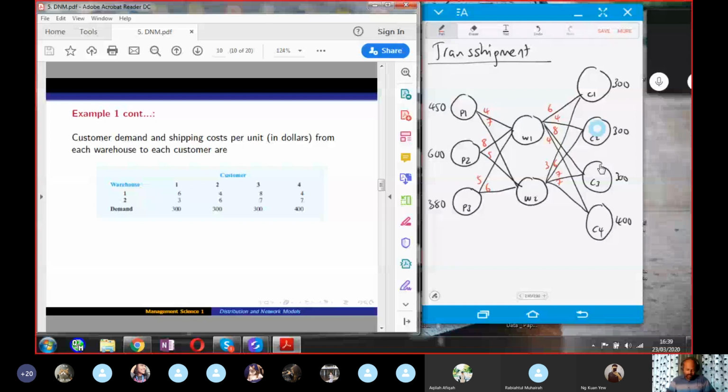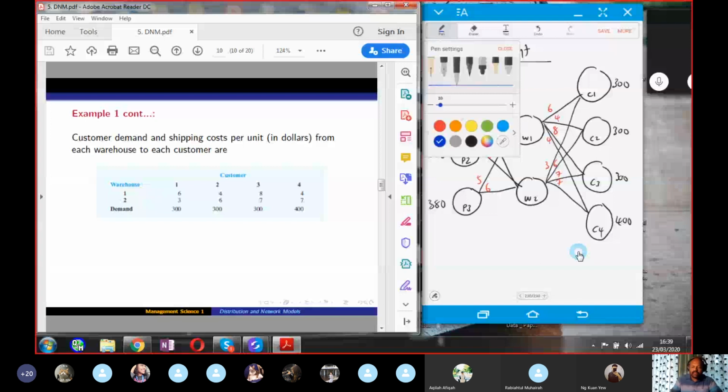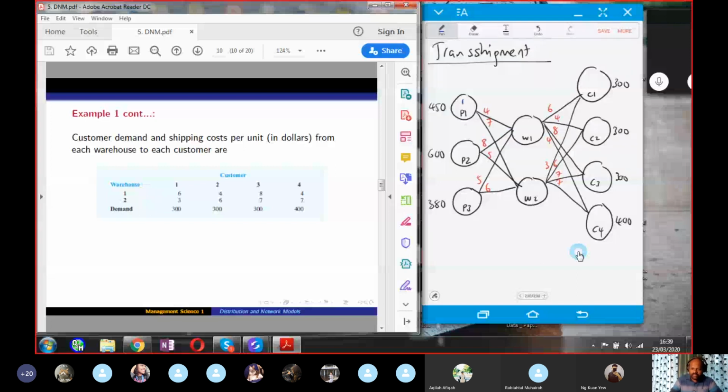Okay, now almost done. The final one is to put a number, but in transshipment you don't put 1, 2, 3 and start back with 1. You continue: 4, 5, 6, 7, 8, 9. These are the numbers. Why are you putting the numbers? Why are you labeling the circles with numbers?